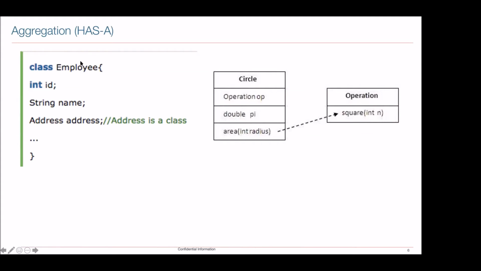But when I say employee and a person, a person can be anyone. And when that person has some specific characteristics, that person can become an employee. So I cannot say person has an employee. Person is an employee.